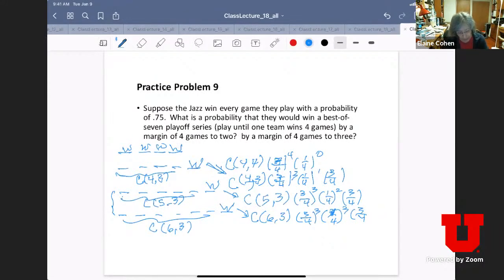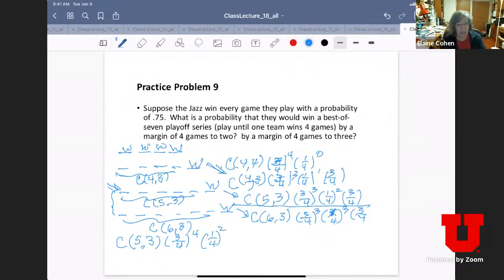Okay. Notice that in all the games they win, they're winning 4. So we end up with a 3/4 to the 4th power because they've won 4 games. So what matters is how many ways did they win them? How many games did they lose? So in the case where they won 4 out of 6, our answer is combinations of 5 choose 3, 3/4 to the 4th times 1/4 squared.